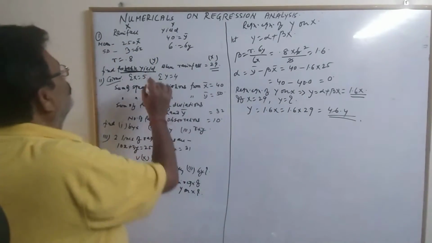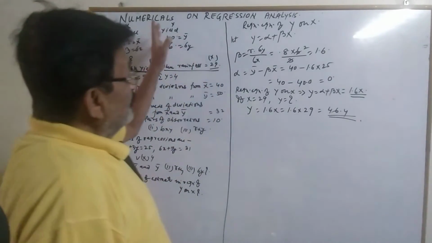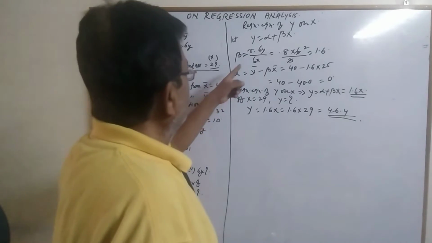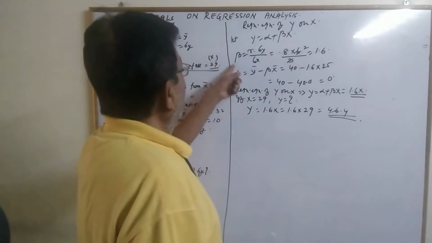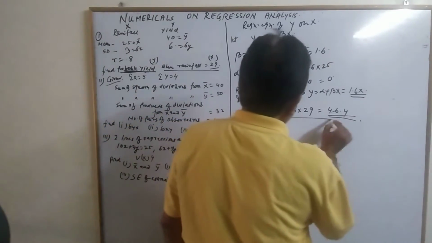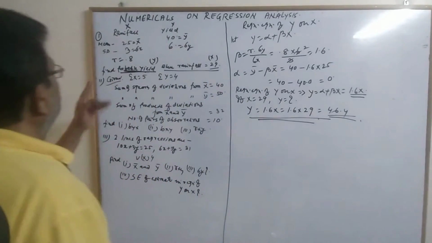This is what was asked in this sum, and depending upon the nature of the sum, we have to pick up the formulas, because we have three forms of the least square method. In this one, the correlation form of the least square method would be used, and this is the answer. Now come to the next sum, the second one.